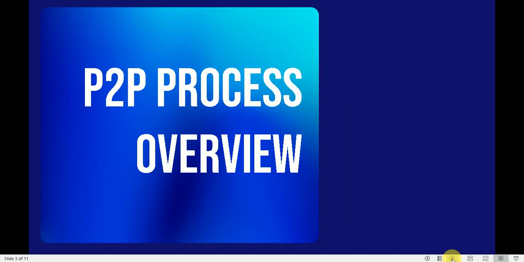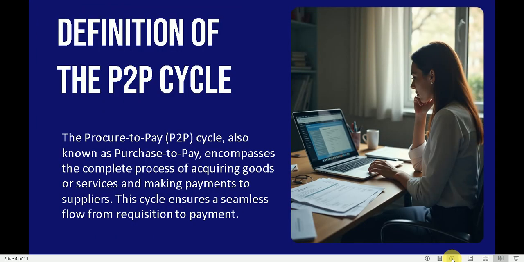So, overview of the P2P process. The definition of the P2P cycle: the procure to pay P2P cycle, also known as purchase to pay, encompasses the complete process of acquiring goods or services and making payments to suppliers.